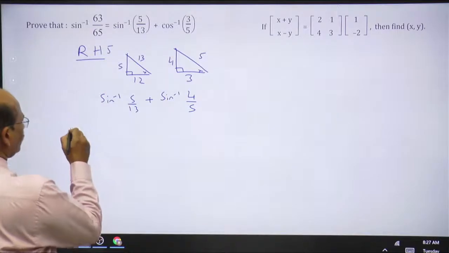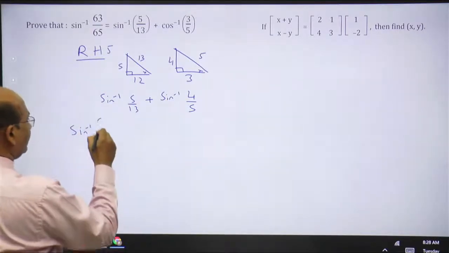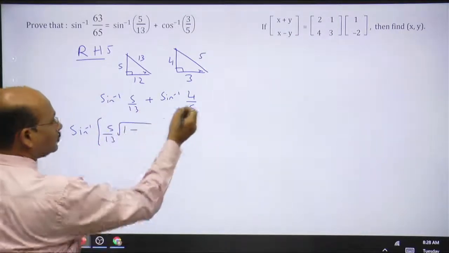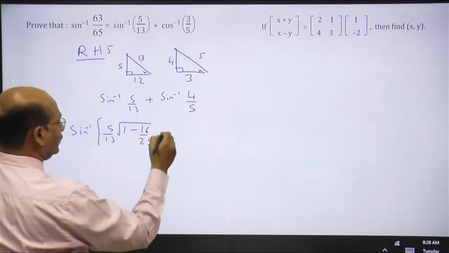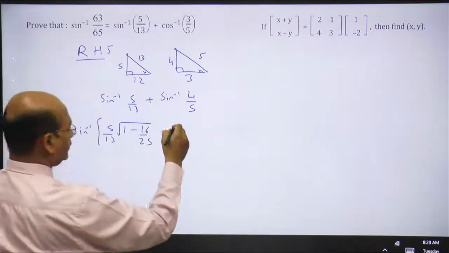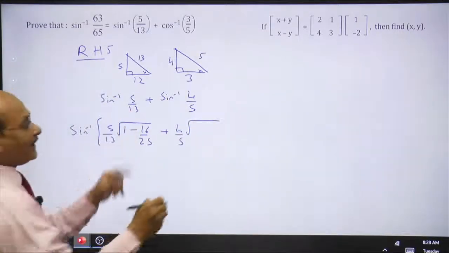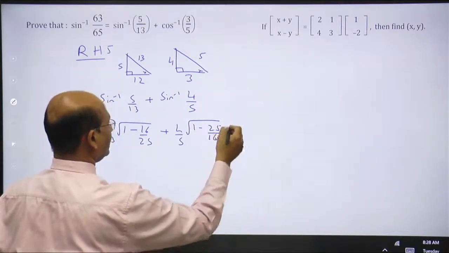So what is the formula for sine inverse x plus sine inverse y? It is sine inverse of x root 1 minus y square, this is my y, 16 upon 25, plus y root 1 minus x square, 1 minus 25 upon 169.